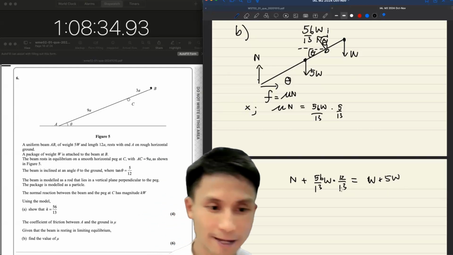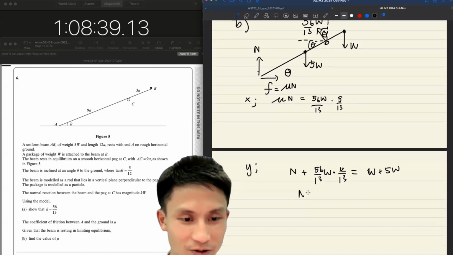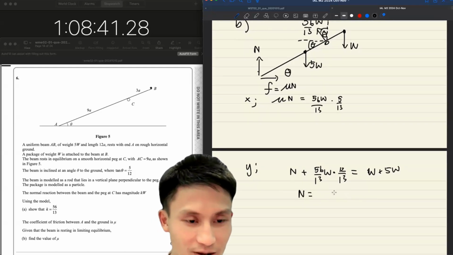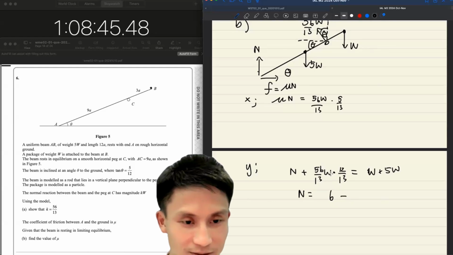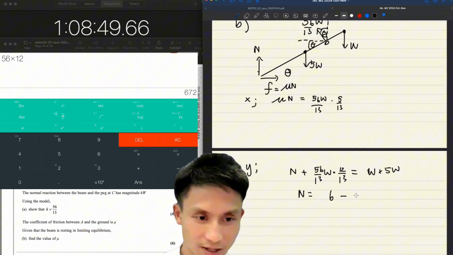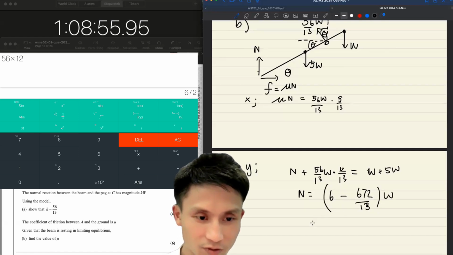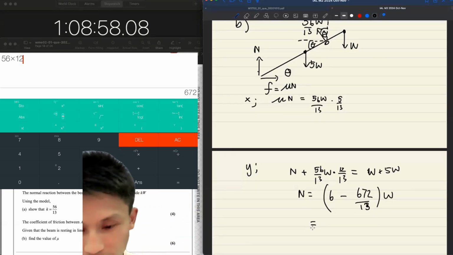So it seems like we can now make N in terms of W. I'm going to move everything to the right side. We're going to have 6 on the right side minus 56 times 12, I get 672 over 13, and then brackets W.